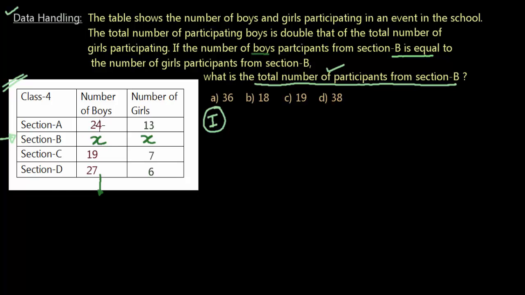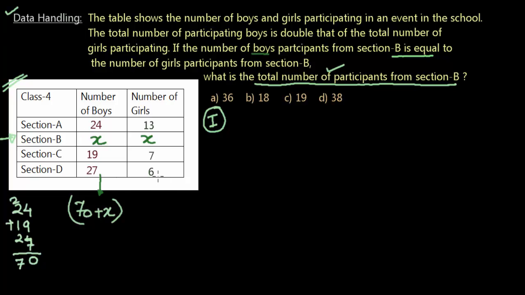So the number of boys will be 24 plus X plus 19 plus 27. Let us first add them up. 24 plus 19 plus 27 is equal to 70. So the total number of boys is 70 plus X. This is the total number of boys.